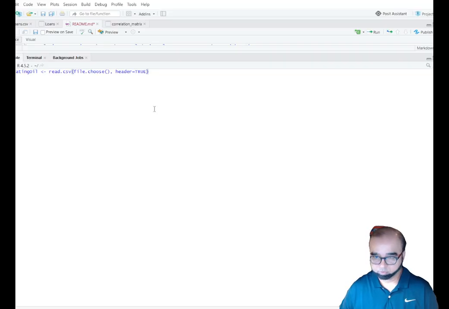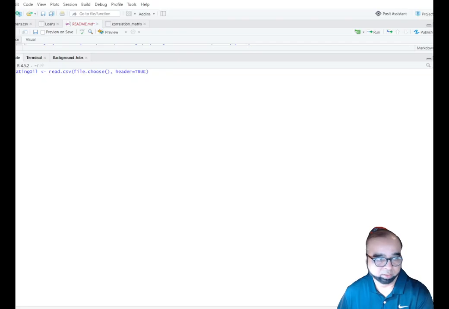So I'm going to import the heatingoil.csv file, and I just did that. The read.csv function imports the dataset into R, like I said earlier.